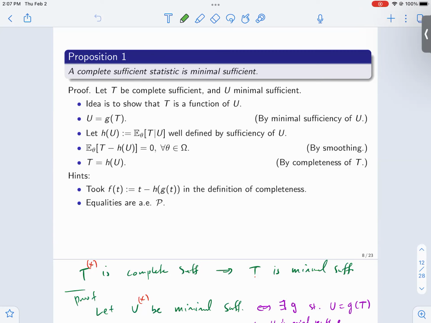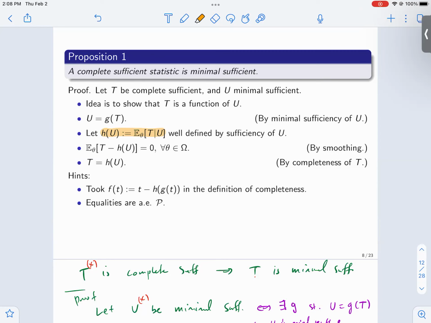So just to point out, we're going to see this idea several times: if you form this conditional expectation, and the random variable that you're conditioning on is sufficient, then this conditional expectation would be a valid statistic, right? Do you remember this? Maybe someone tells me why that was the case.